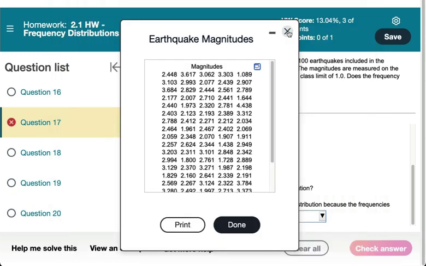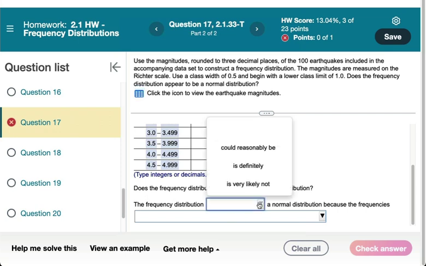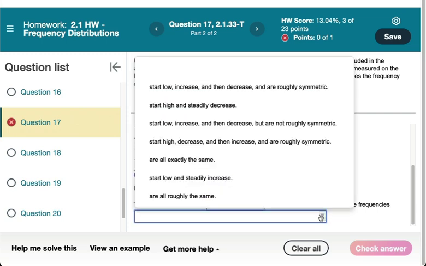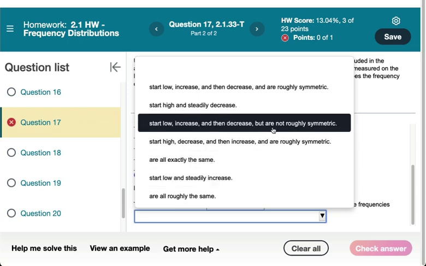Let's see what the options are and see if we can answer the question. So the frequency distribution, and I'm going to say, is likely not a normal distribution because the frequencies here, this is what I'm looking for.